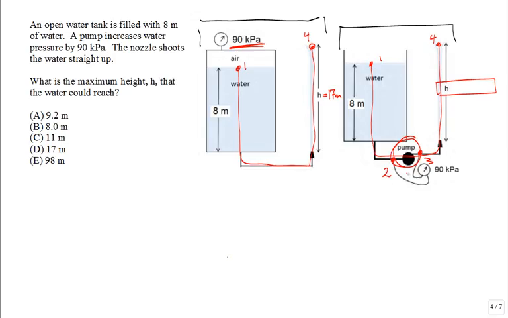So what we can do is modify Bernoulli's equation. Let's say somebody also says, I have a model for how I can account for some frictional losses right in here.